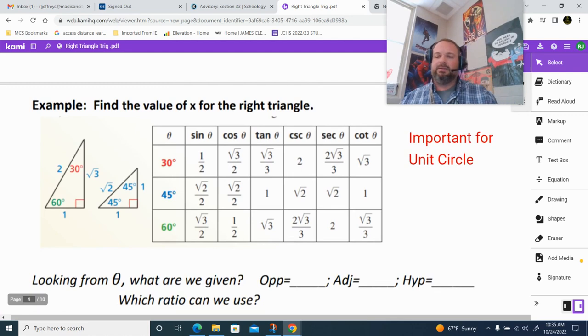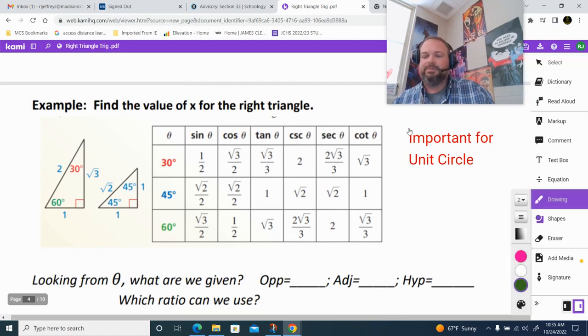This is up here as a little reminder that these things are important. Notice that it's in red on the screen. Y'all's is just there. We're actually looking from this angle, that's why it's kind of different. And for this 30-60-90, remember the hypotenuse is 2 times this, and this is 1 times that.